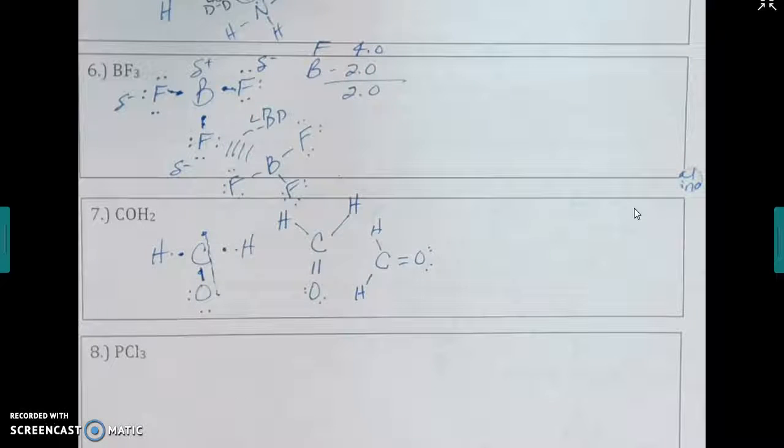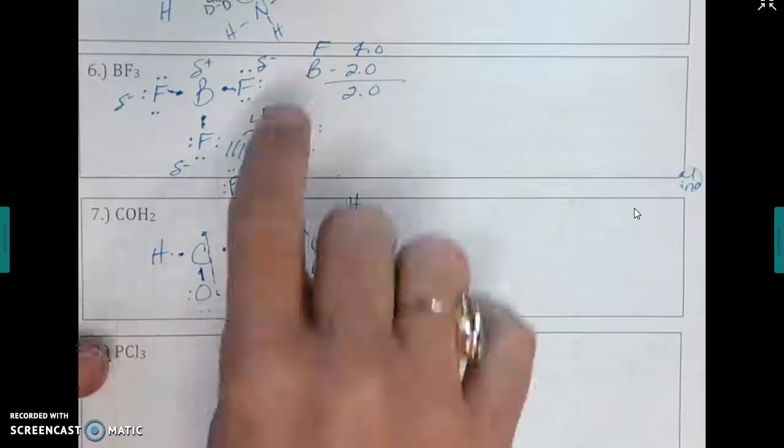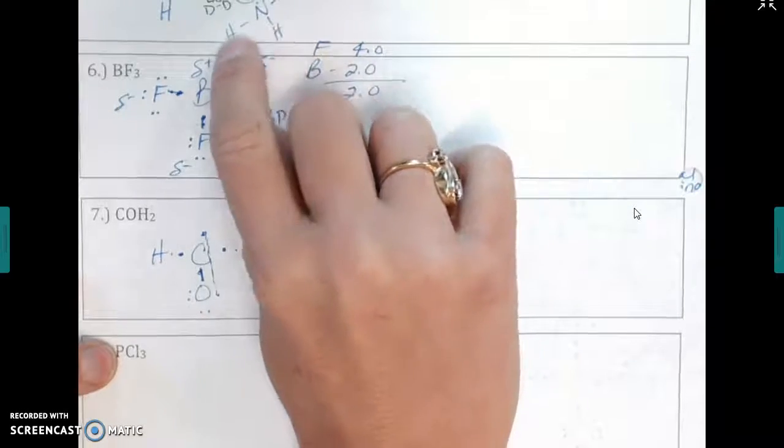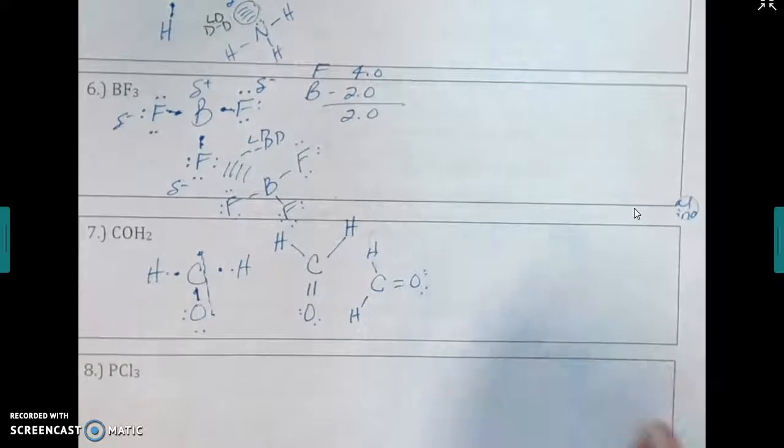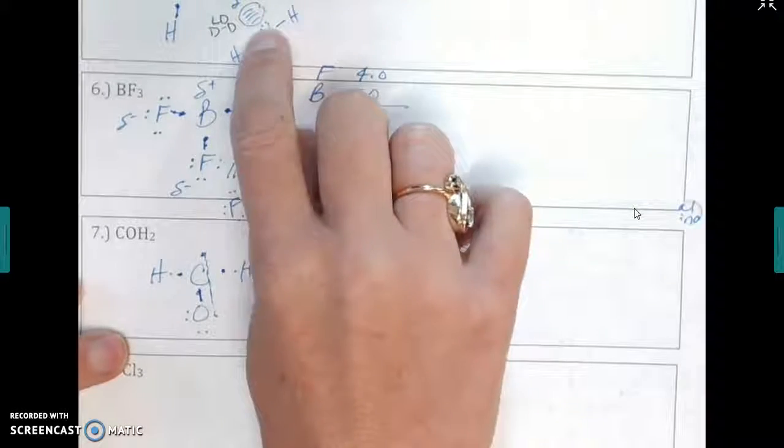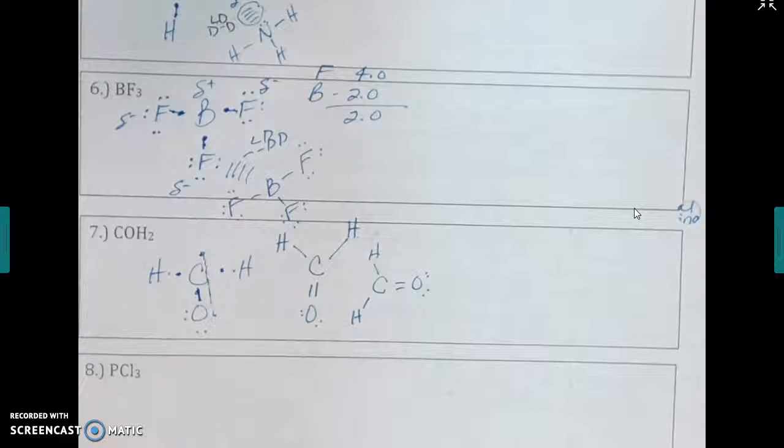Remember, our intermolecular forces are like our Velcro holding these molecules together. Our hydrogen bonding does, our London dispersion, and our dipole-dipole interactions. These are like Velcro holding all these molecules together, and they have different strengths of Velcro. Then it's our needle and thread that actually hold the hydrogens to the nitrogen. Does that make sense? Okay.